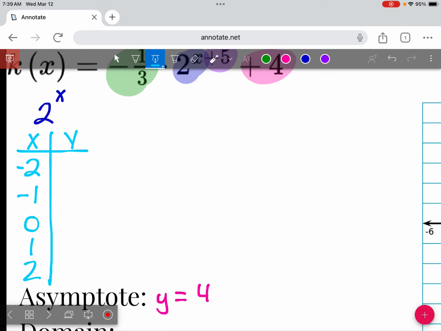So setting up our parent function, what are we going to get as our y values? 1/4, good. 1/2, 1, 2, and 4.